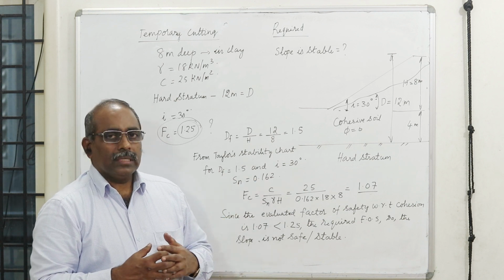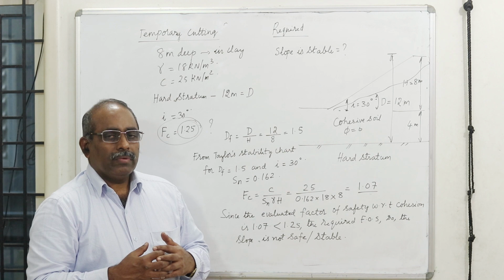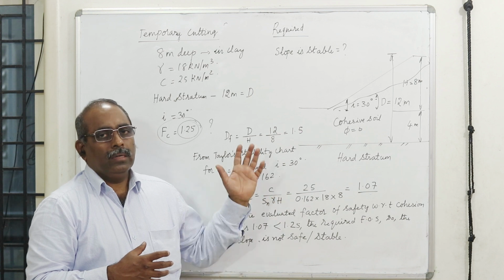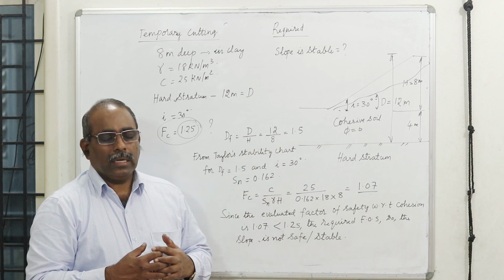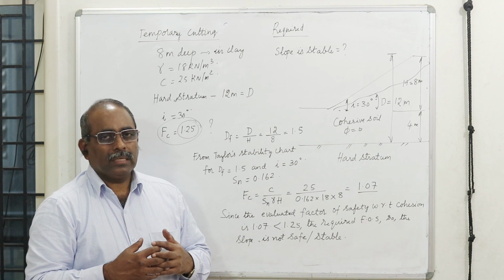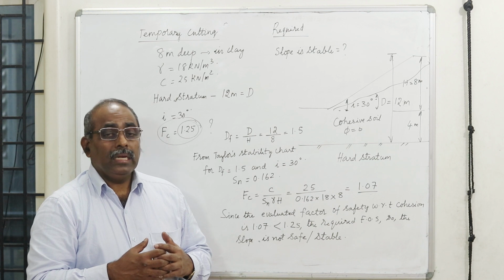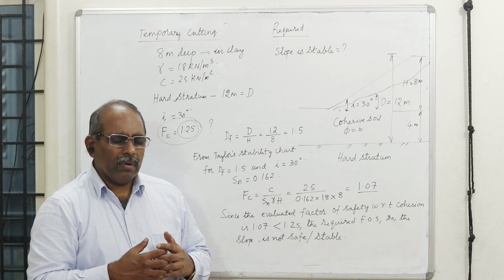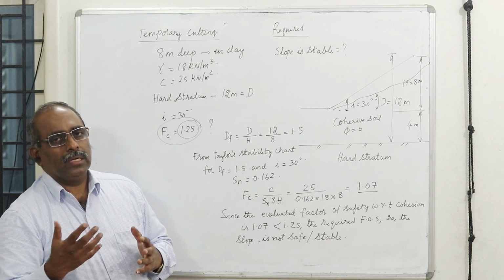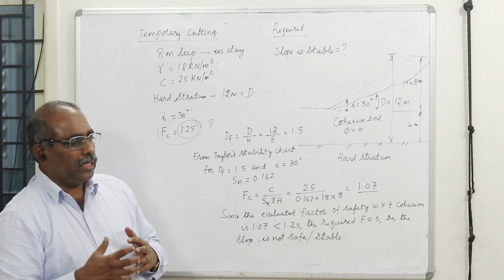Then we discussed the friction circle method, and using the friction circle method, how Taylor tried to simplify the problem, and he developed the curves and brought out the stability number, the curves for evaluating the stability number for different values of the angle of slope i, from say 10 degrees to 90 degrees.